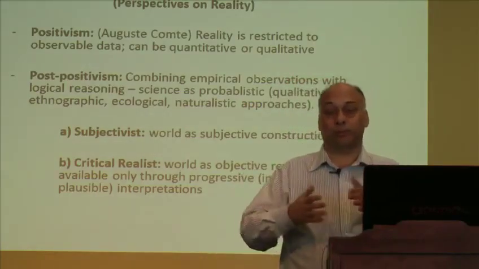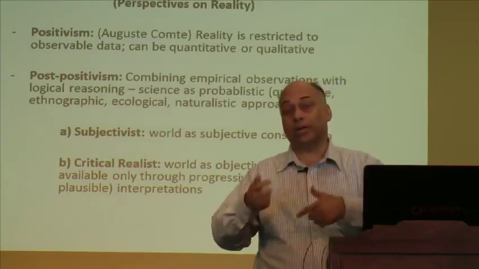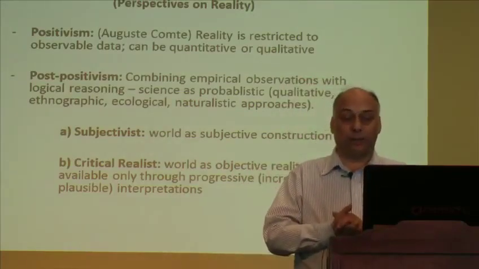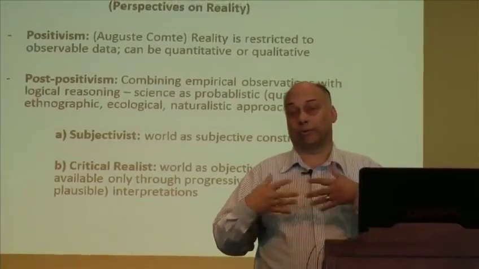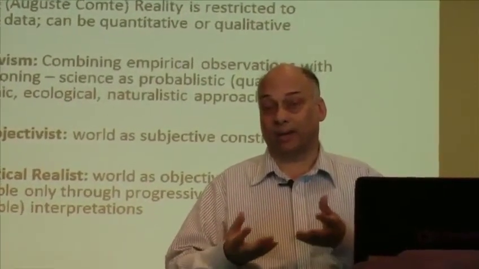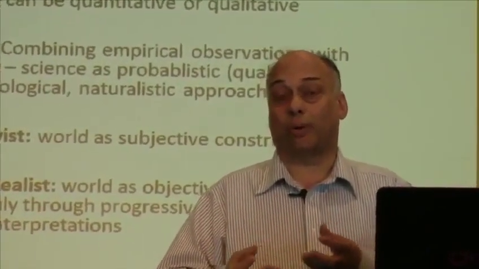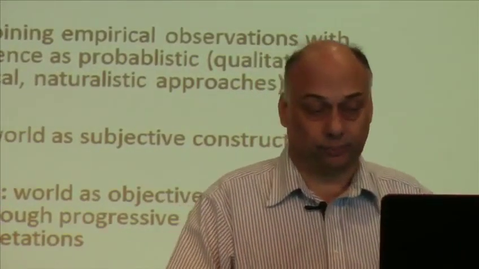So post-positive is combining both the empirical observations with interpretations. And of course, naturalistic is in terms of observed nature and the way in which natural factors or forces operate both psychologically as well as physically.